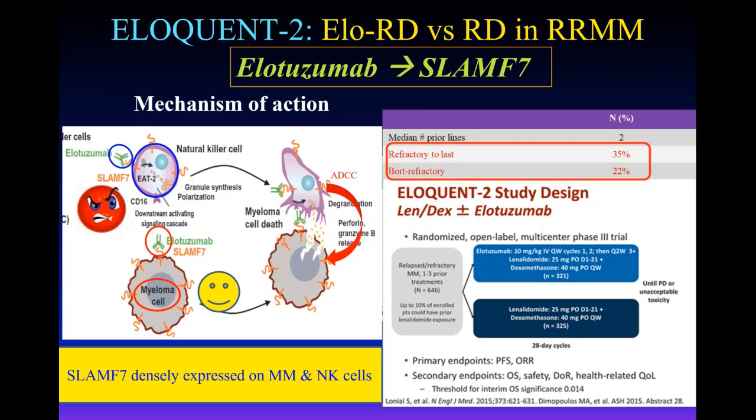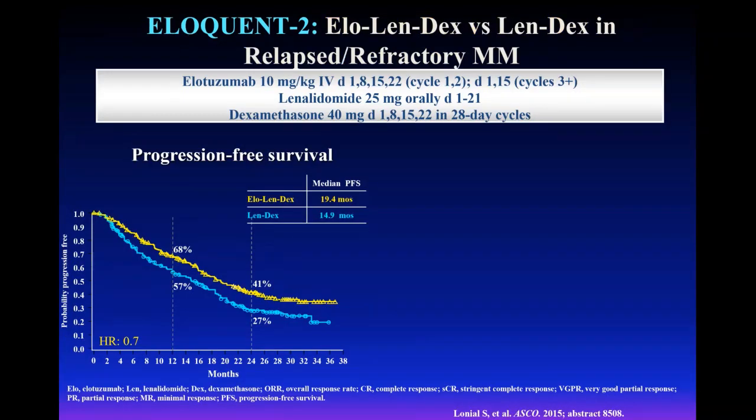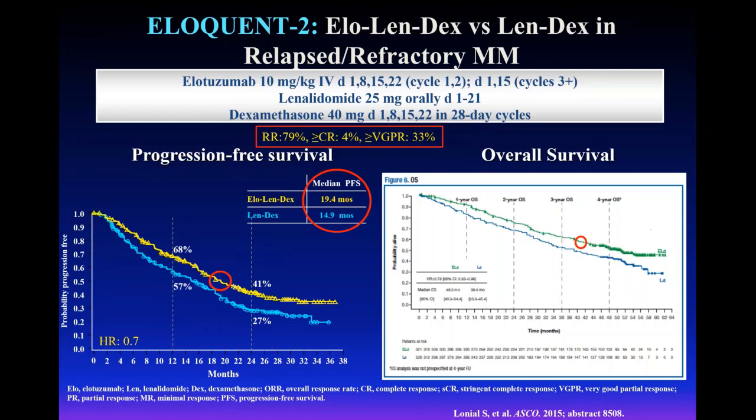With that, you see that first of all, the response rate is 80%, and more than one third of the patients achieve a very good response in the way of VGPR. Obviously, that translated into superior progression-free survival in patients receiving Elo-RD. And also recently, it was shown that the study also offers survival benefit in patients receiving Elo-RD compared with RD.